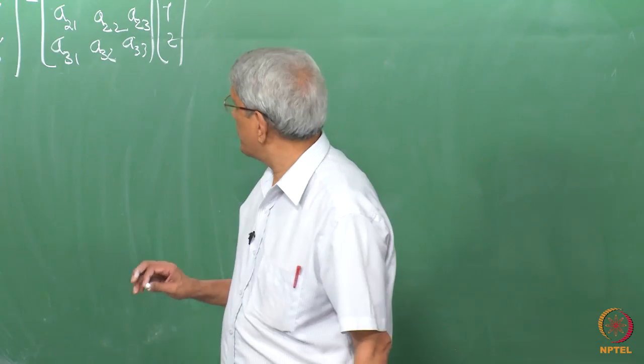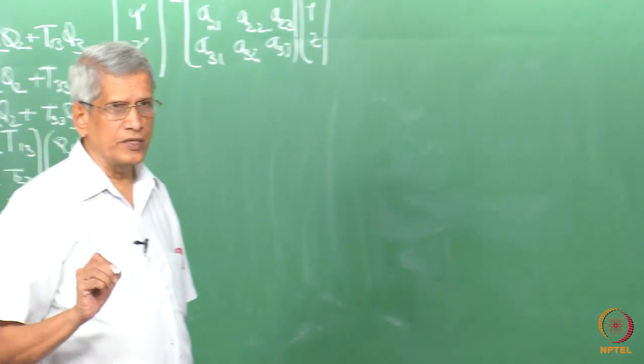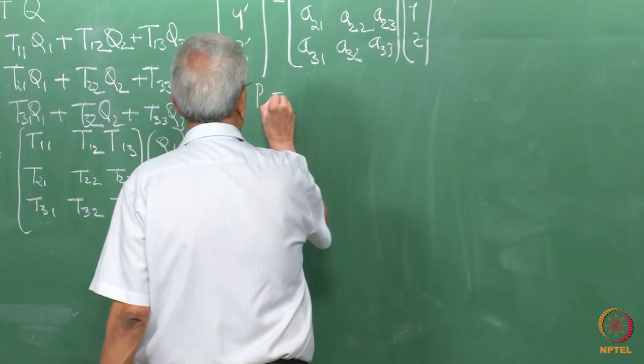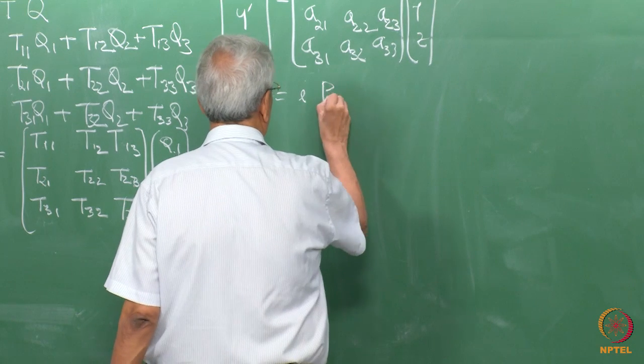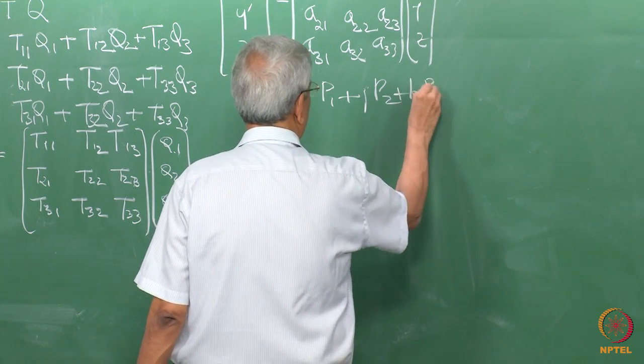If we represent this in terms of the new and the old coordinate system, suppose we represent p as i into p1 plus j into p2 plus k into p3.